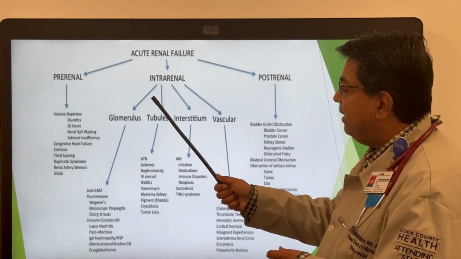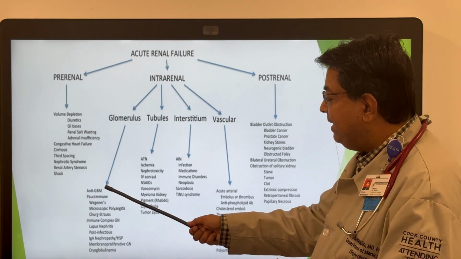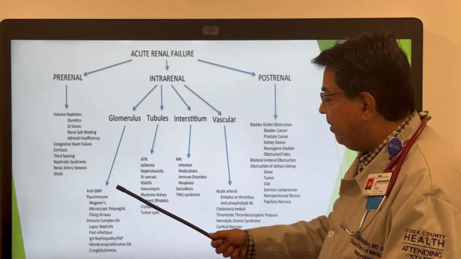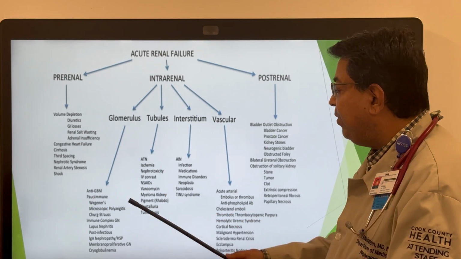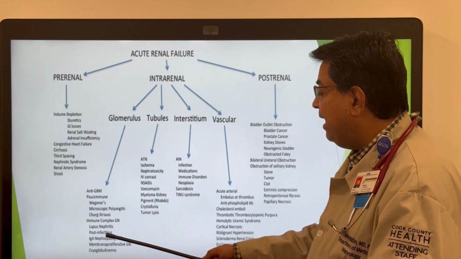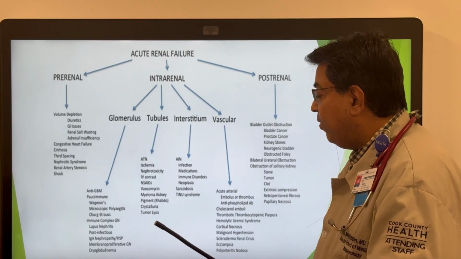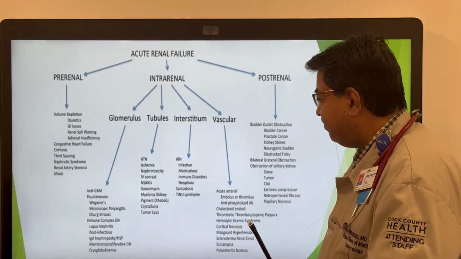So in the glomerulus, you will have anti-glomerular basement membrane disease, post-immune glomerulonephritis, and immune complex glomerulonephritis, which would be lupus, post-infectious, IgA nephropathy, membranoproliferative glomerulonephritis, or cryoglobulinemia.